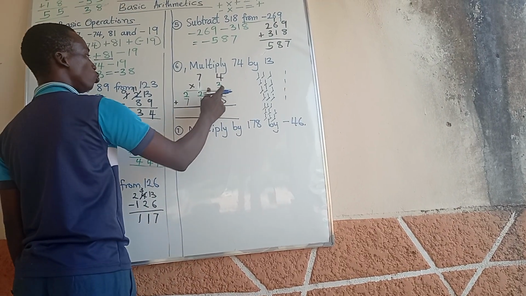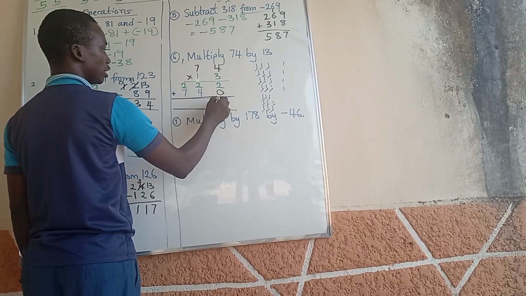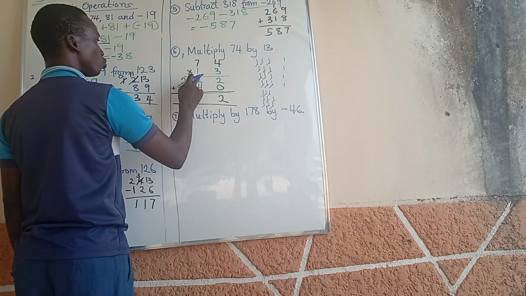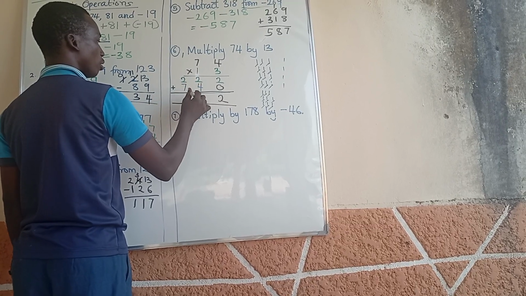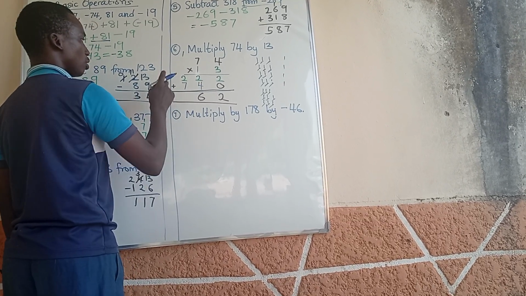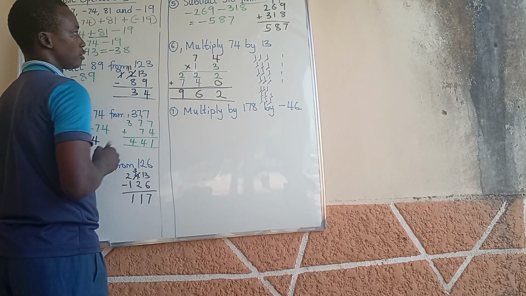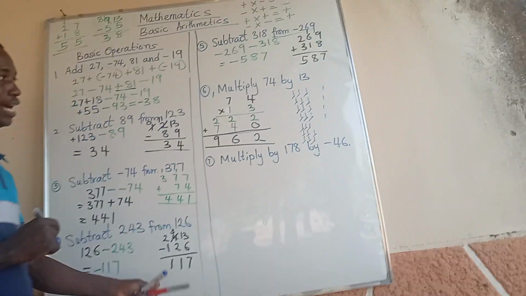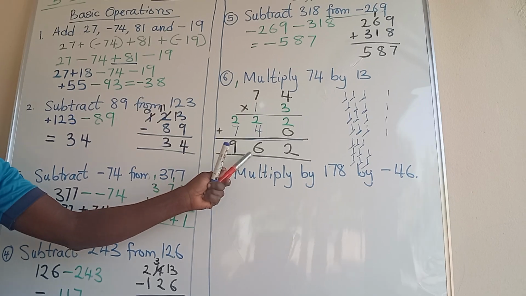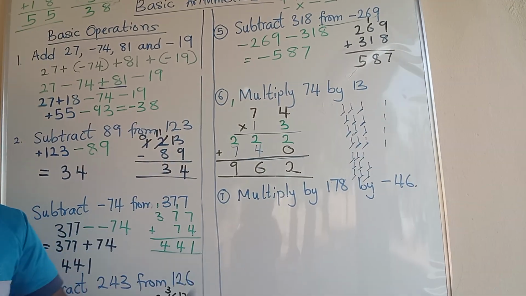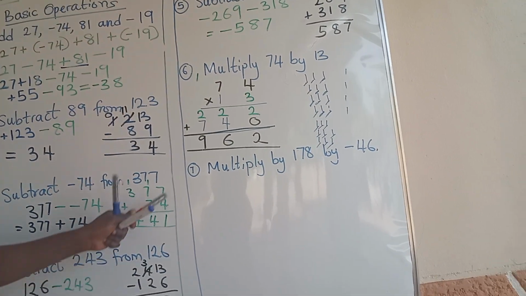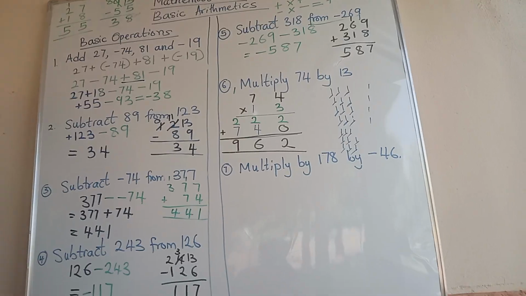So we can now say 2 plus 0 gives us 2. 2 plus 4 gives us 6. 2 plus 7 gives us 9. So that means our final answer is 962.